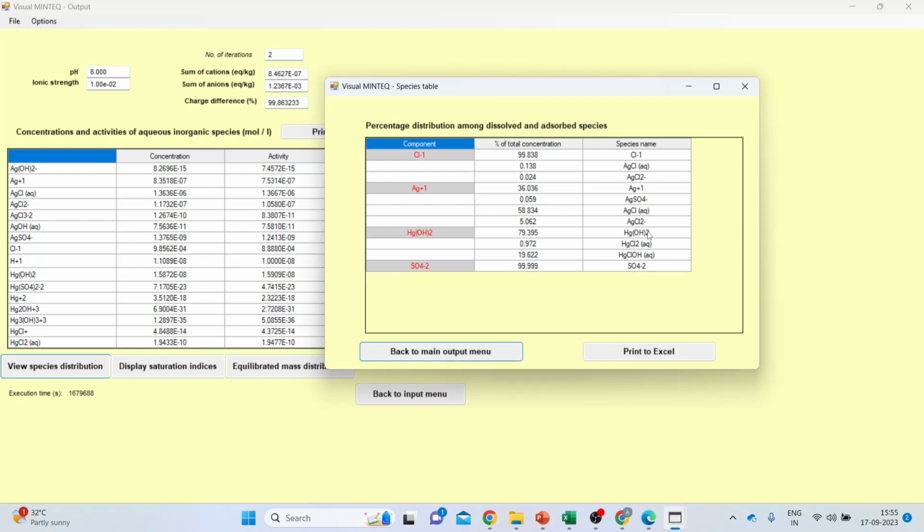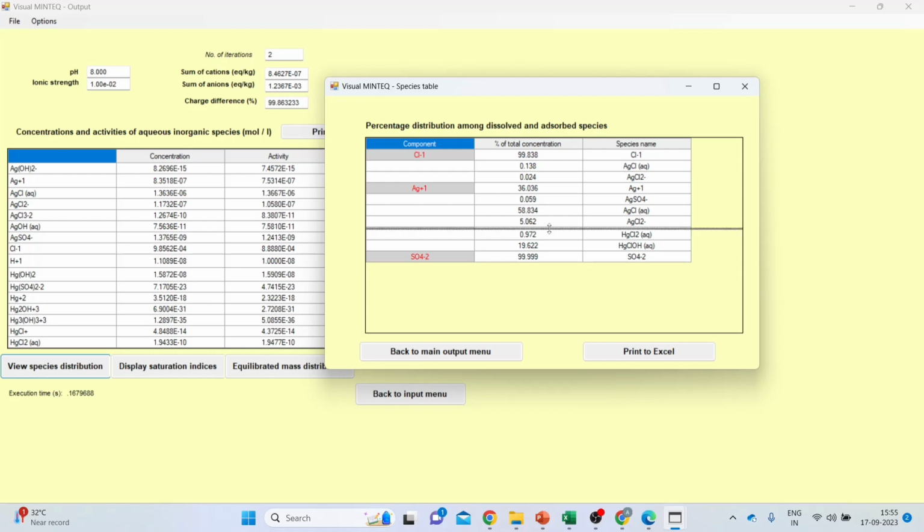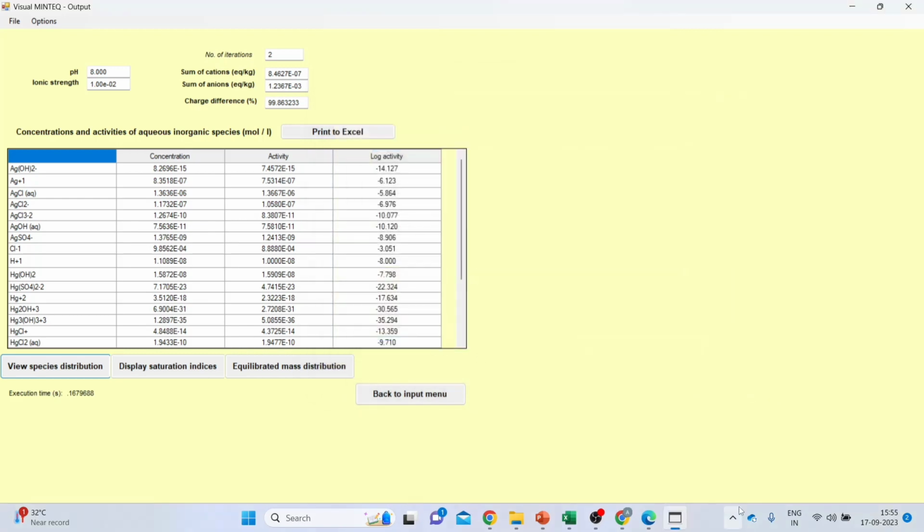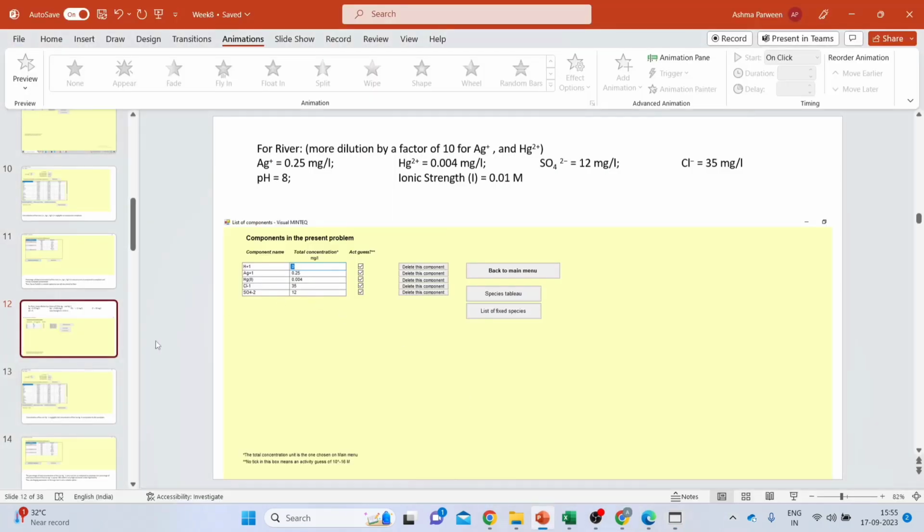And also we can see that the free mercury metal ion concentration is less, but in the river system the concentration of the free metal ion, that is Ag plus, has increased to 36%. So Ag plus is toxic in free form, so it is not correct to dispose the waste in the river system.